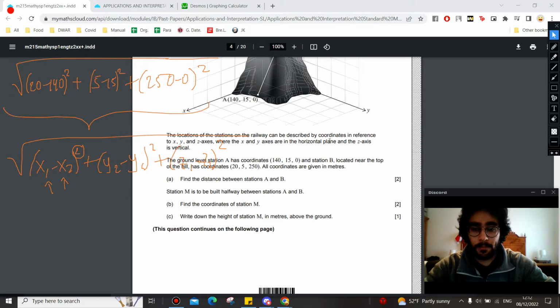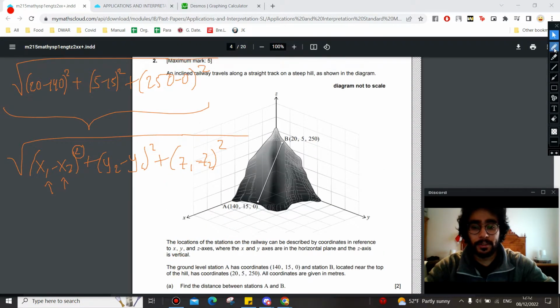Okay, let's see part B. Station M is to be built halfway between stations A and B. Find the coordinates of the station M. Well, that's even easier than part A. You just have to take M to be equal to the midpoint. That will be 140 plus 20 divided by 2 for the first element.